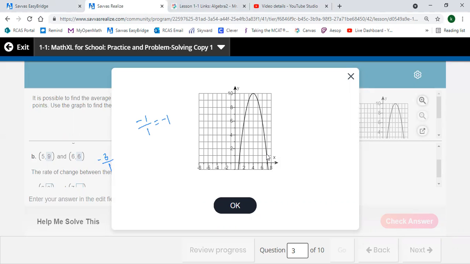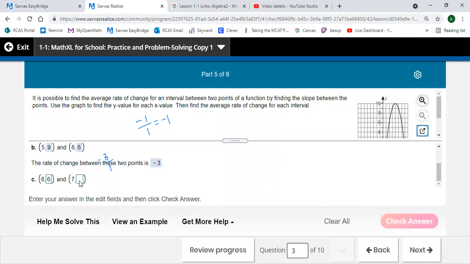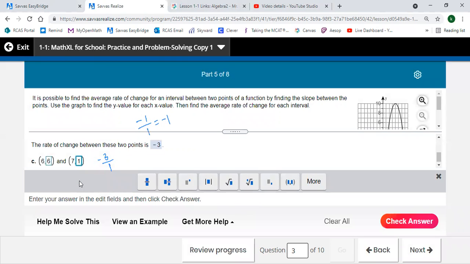So that must be 7, 1. So again, my y this time went from 6 down to 1.